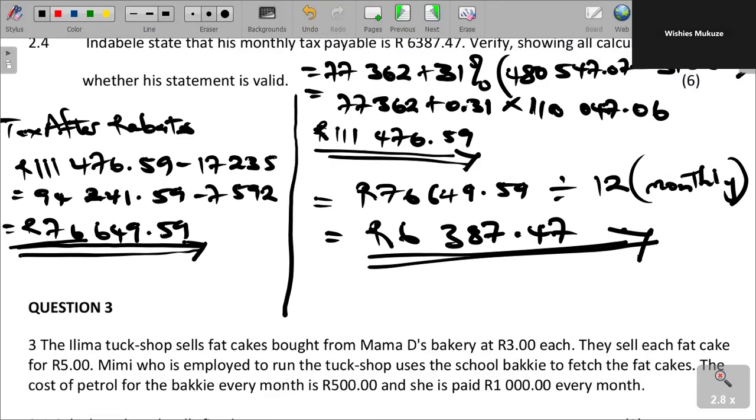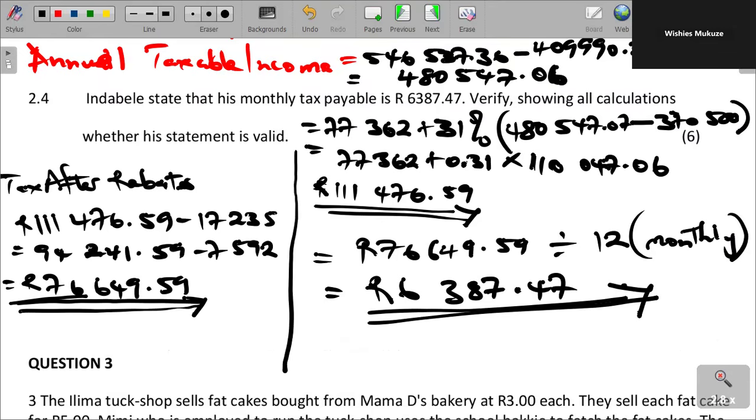It works like that. What is very important here is for you to understand the key steps that are supposed to be followed when it comes to these mathematical calculations.